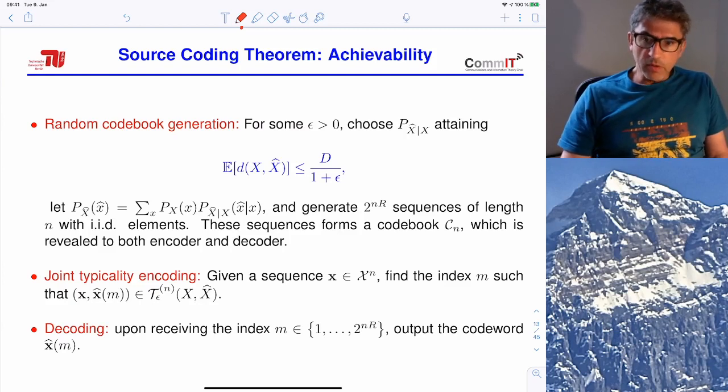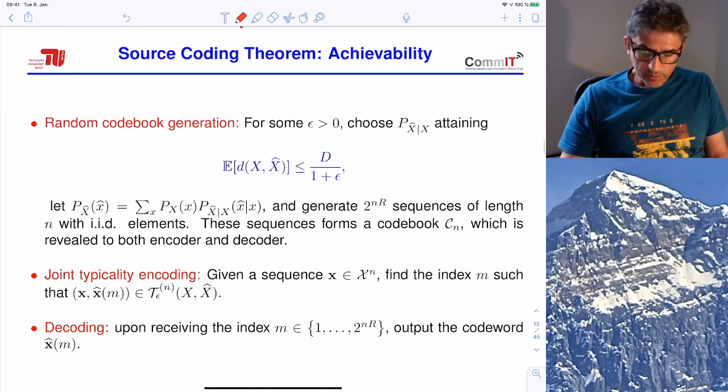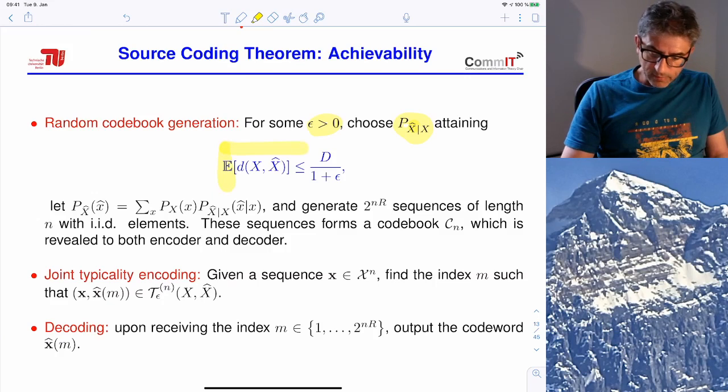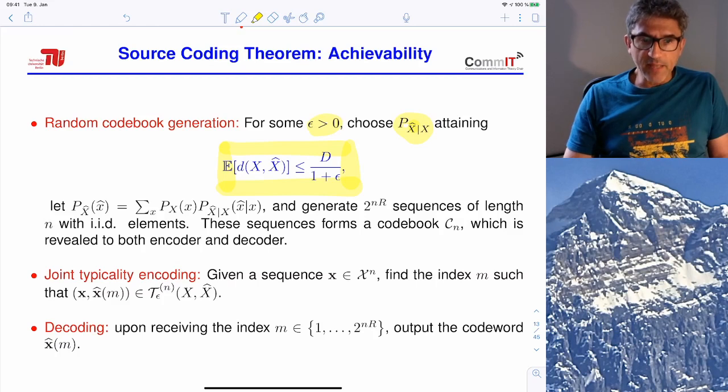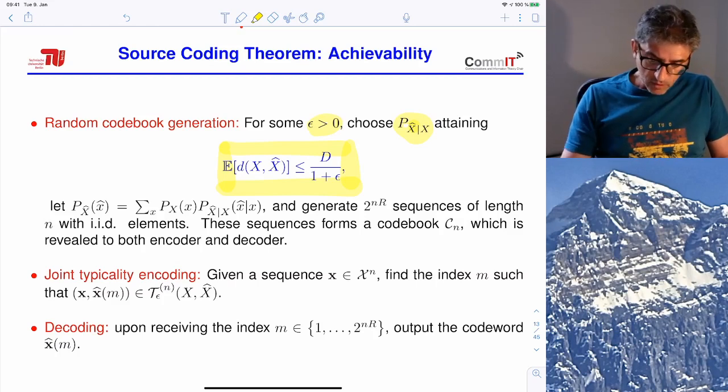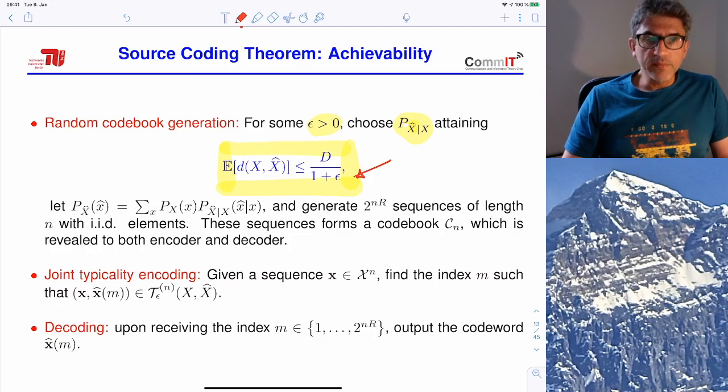So, as usual, we use the approach of random coding, and in particular, for given epsilon greater than 0, we choose a conditional probability distribution of x hat given x, such that the following expectation of the distortion x hat is satisfied. Notice here we require distortion to be less than d divided by 1 plus epsilon.